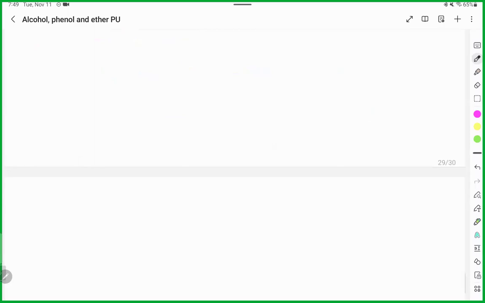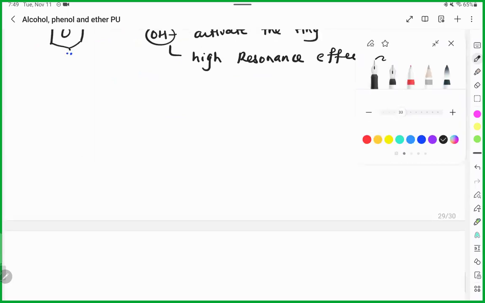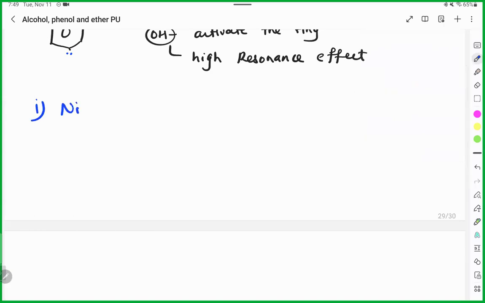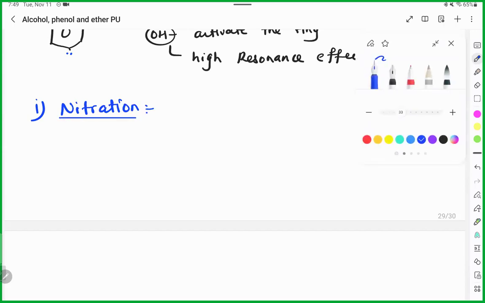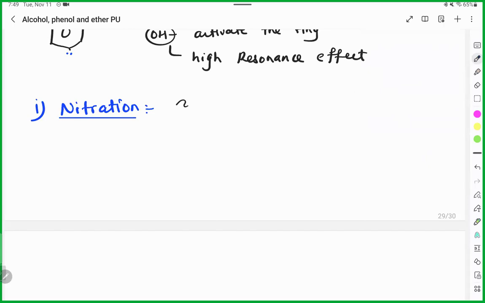And there are multiple methods. The first method is nitration. In nitration, the electrophile will be NO2 positive.